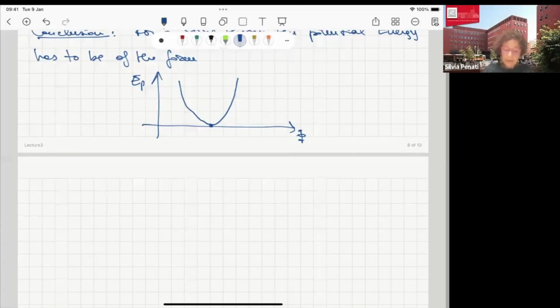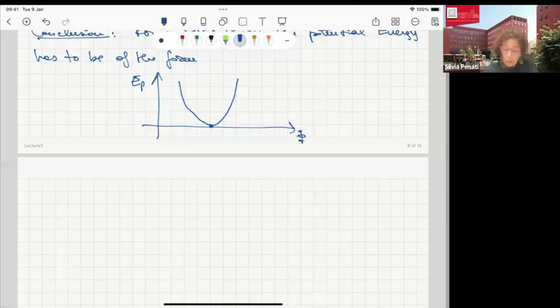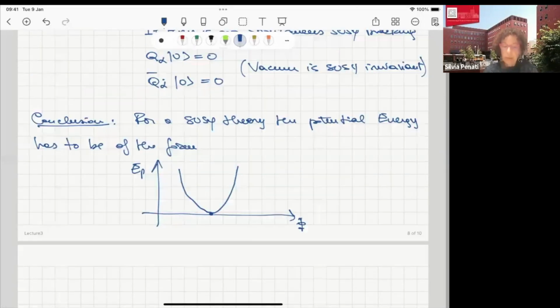This is a very important observation because we now have basically a criterion to investigate whether supersymmetry is preserved at quantum level or not.